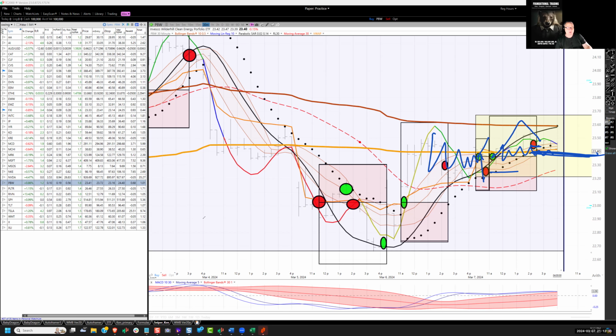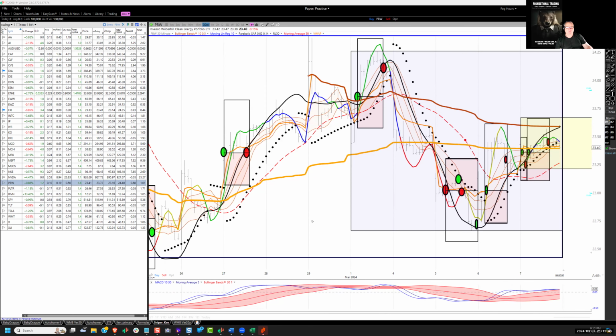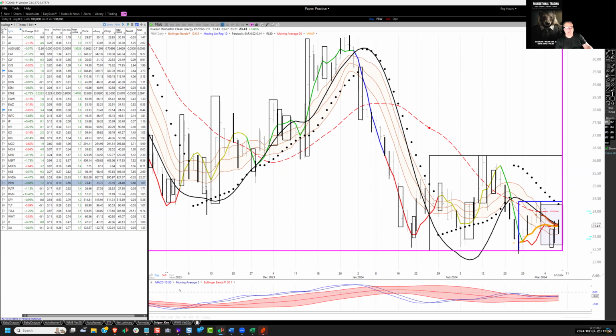Jay asks, how does the 30-day VWAP compare to the RL30 and the RL270? Well, you tell me. Look at the chart and what do you see? If you go out to the 30-day, I have to do it on SPY, excuse me.